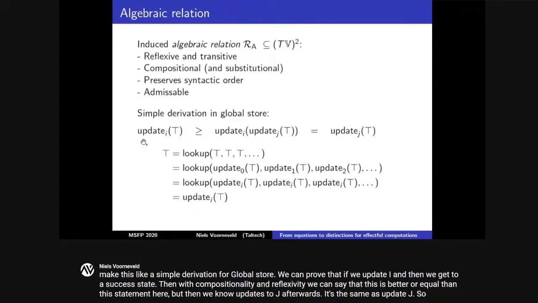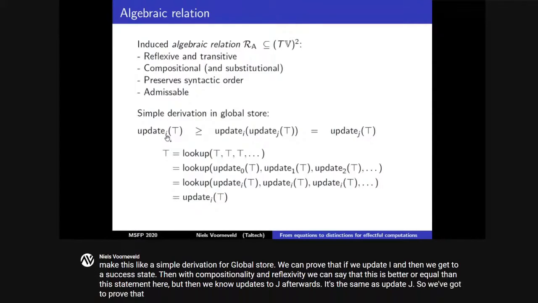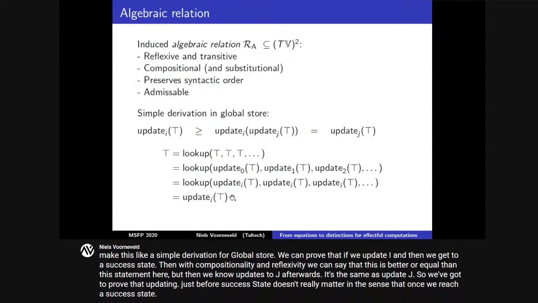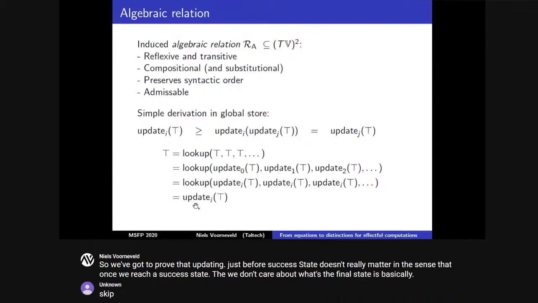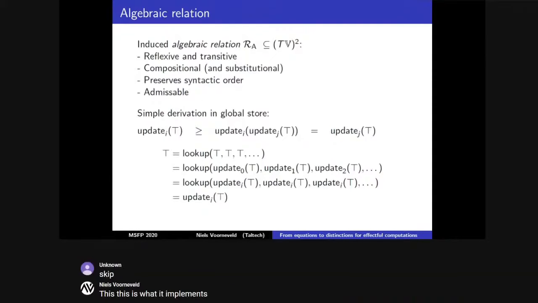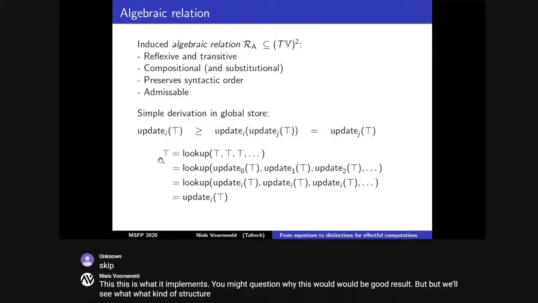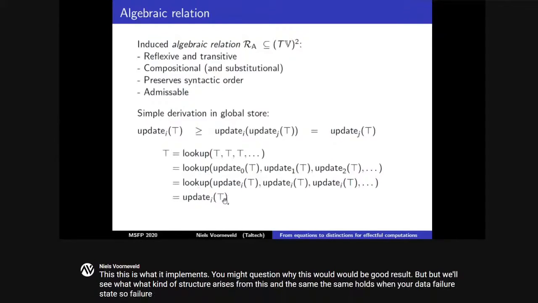So we can prove that updating just before a success state doesn't really matter, in the sense that once we reach a success state, we don't care about what the final state is, basically. This is what it implements. You might question why this would be a good result, but we'll see what kind of structure arises from this. And the same holds when we get a failure state. So failure is the same as update followed by failure.